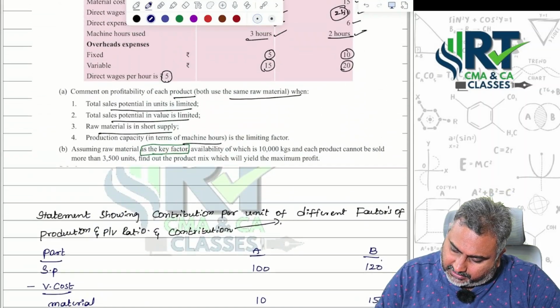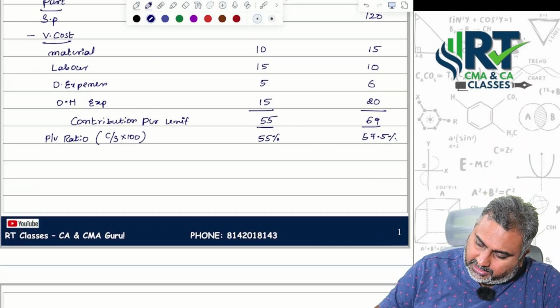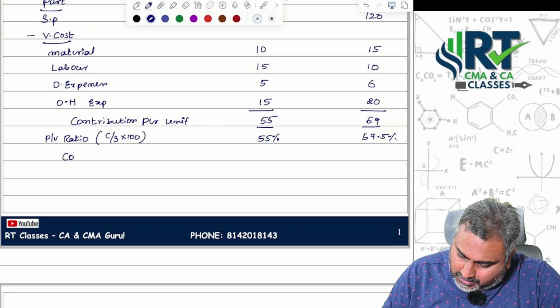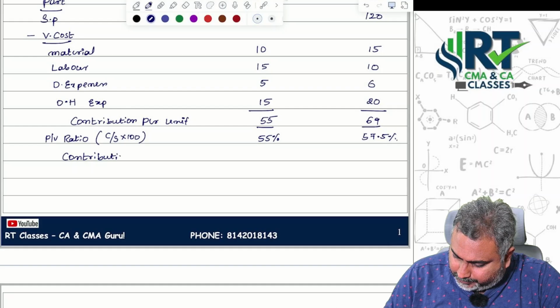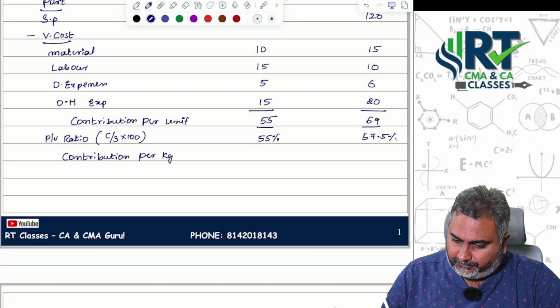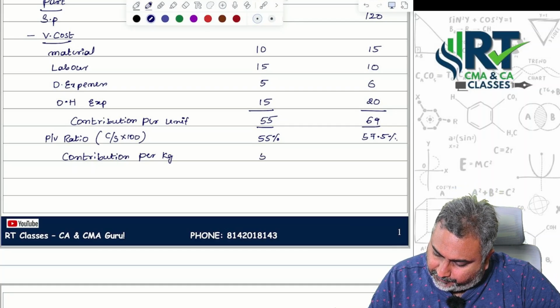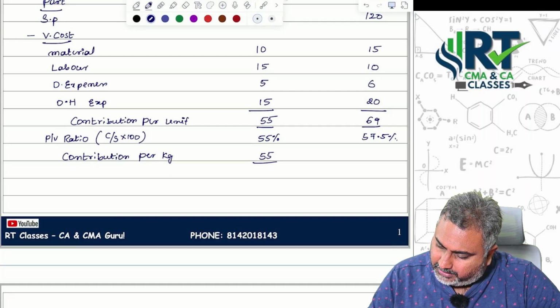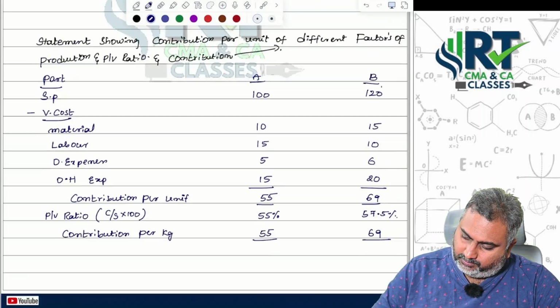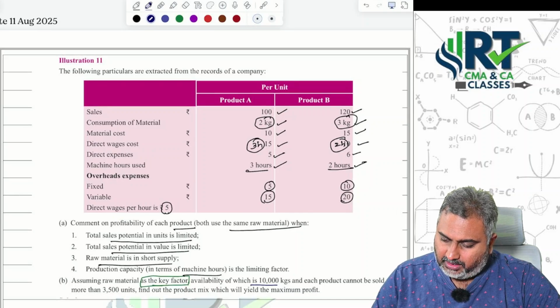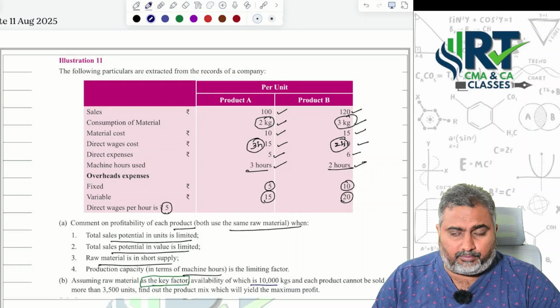Then, what is the key factor? They said raw material is the key factor. Then, better to calculate contribution per kg of raw material. 55 divided by, 69 divided by. See, sir, in the question, A requires 2 kgs of raw material.